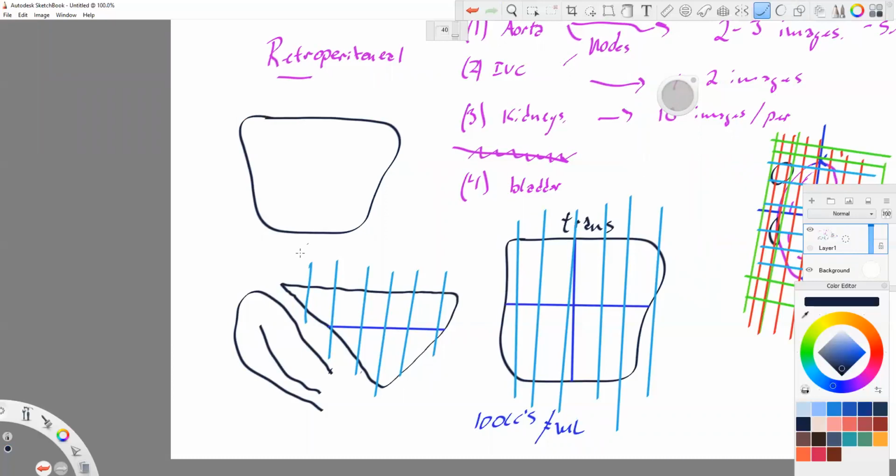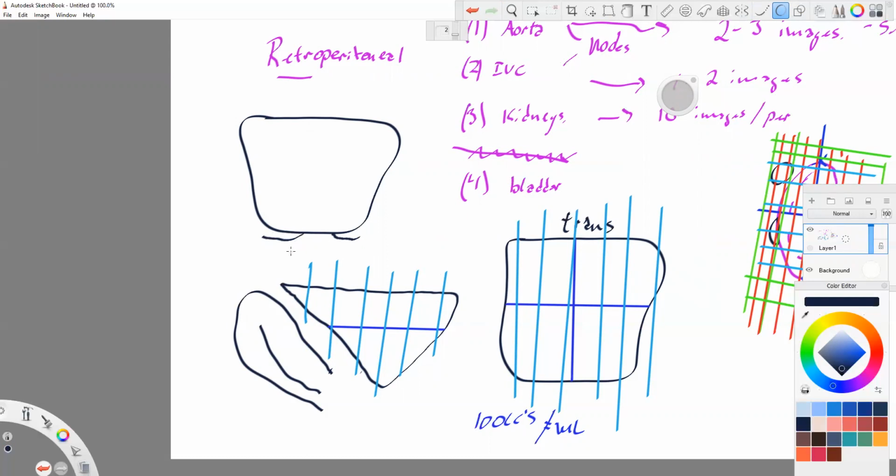And sometimes we could actually see, really faint usually, unless there's something wrong with them, the ureters coming in underneath.